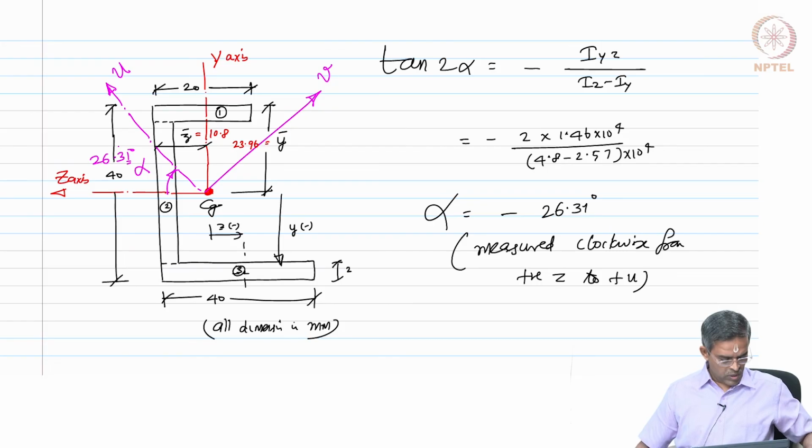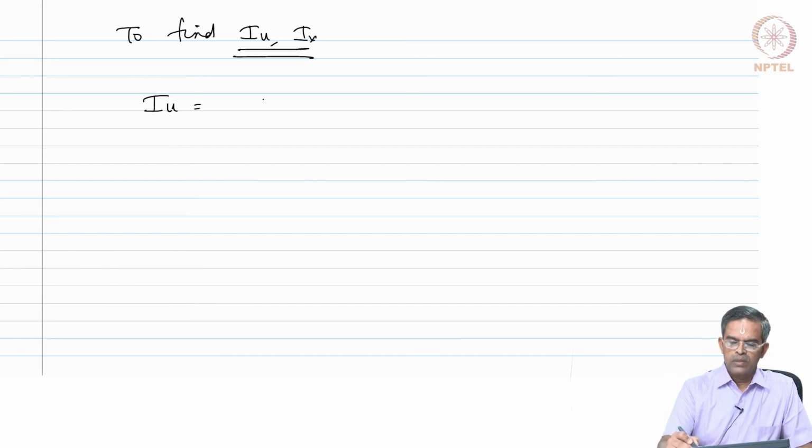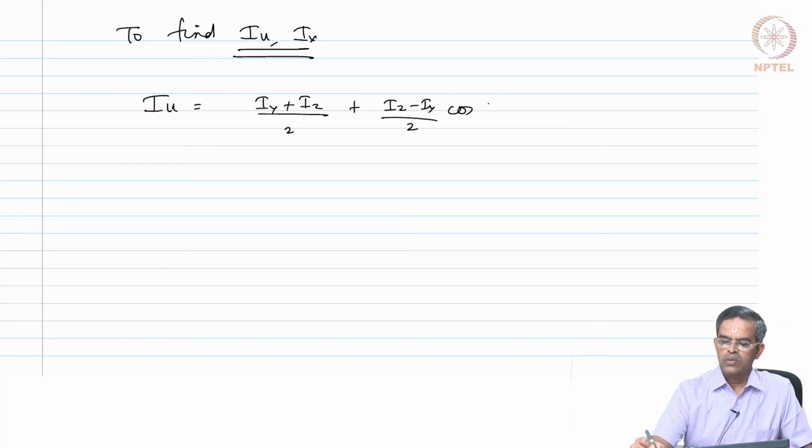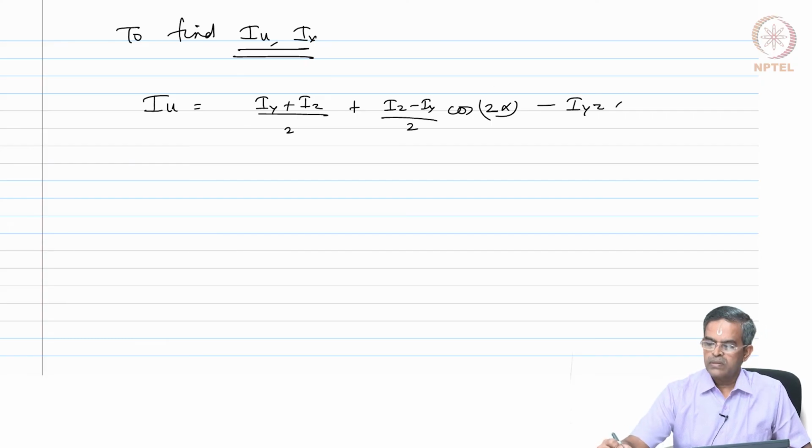That means our job is to find out Iu and Iv, because I need to find Iu, the moment of inertia about the principal axis now. Okay. So, we know Iu is Iy plus Iz by 2 plus Iz minus Iy by 2 cos 2 alpha minus Iyz sin 2 alpha.